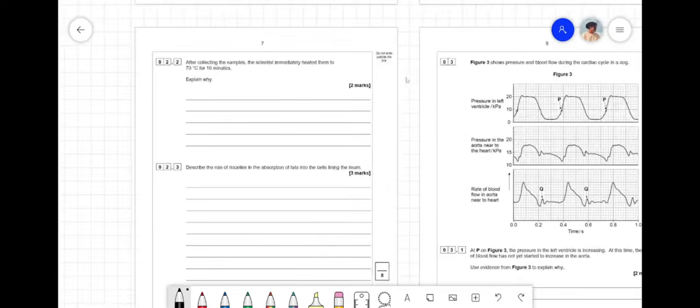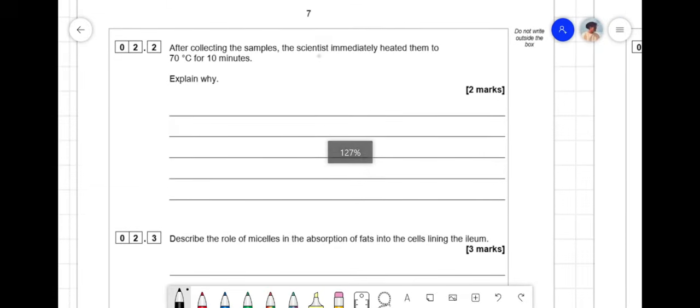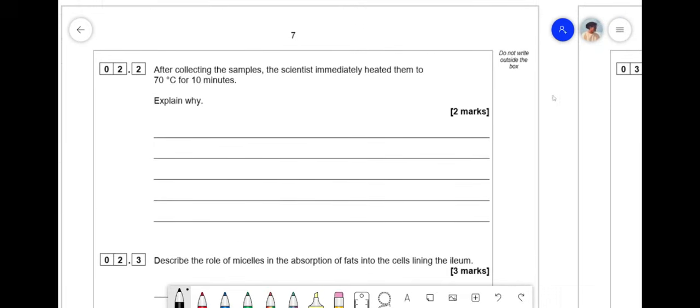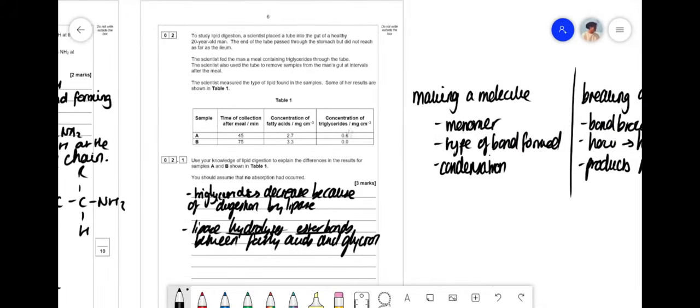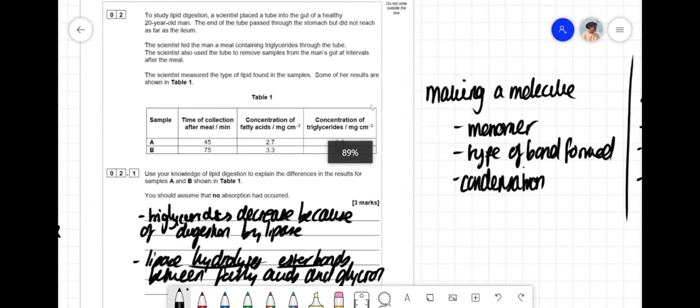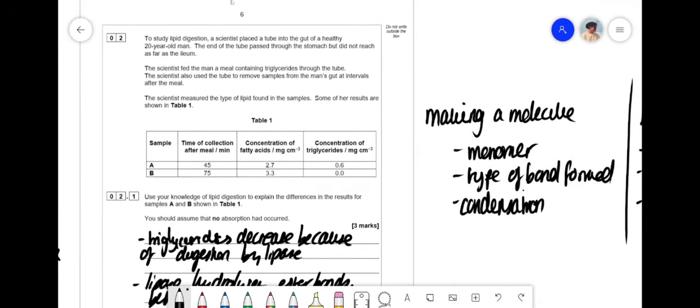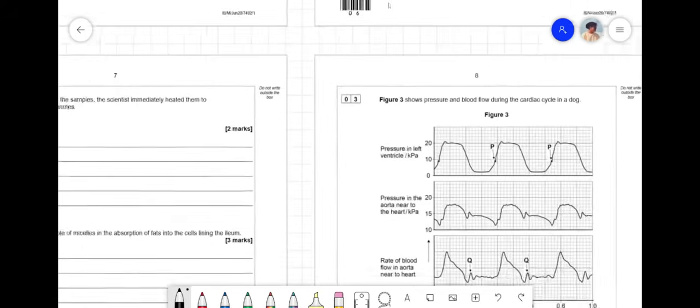Right. Let's see what's the next question then. After collecting the samples, the scientist immediately heats them to 70 degrees for 10 minutes. Let's see why this is going on. So this experiment involves the use of lipase, doesn't it? It doesn't really say in the question. If you can't establish that lipase is the result of what's going on here, then you're kind of screwed for this question.